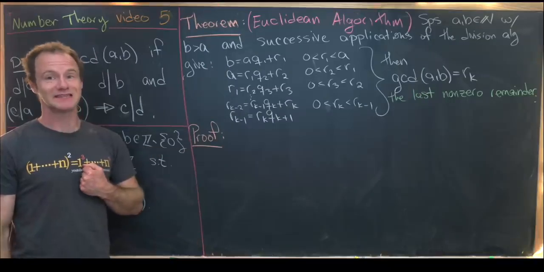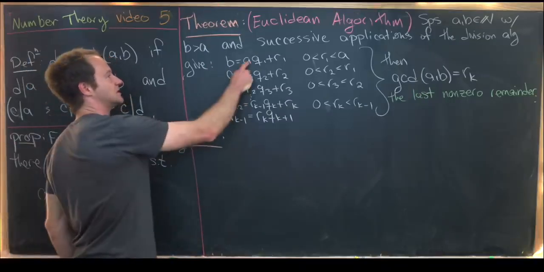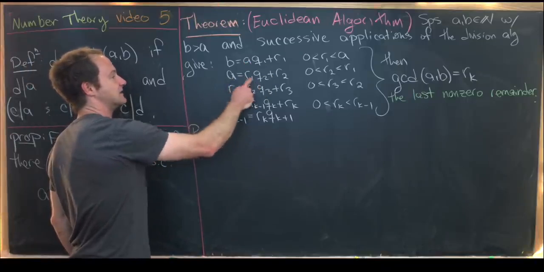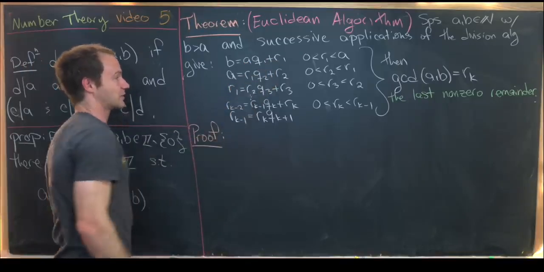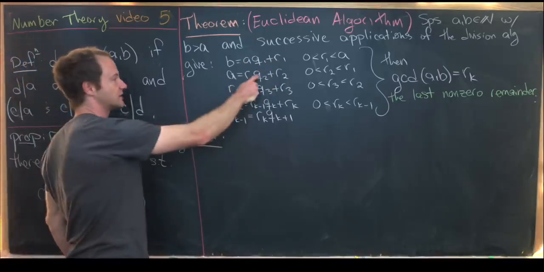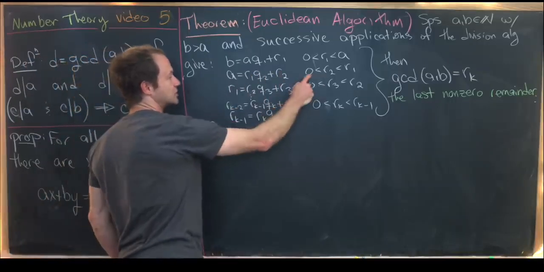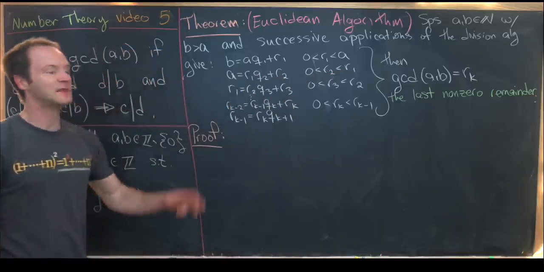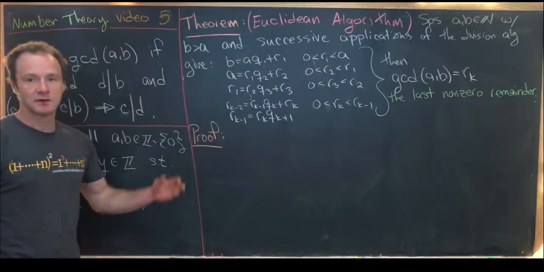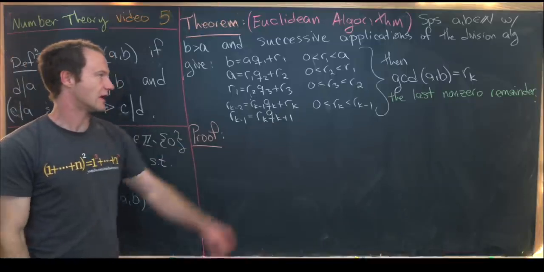Okay, now we're going to continue this process. So we'll take a and then divide it by r1, that first remainder. So we've got a quotient of q2 and a remainder of r2. So r2 is between 0 and r1. And then we continue that until we get 0 as the remainder.